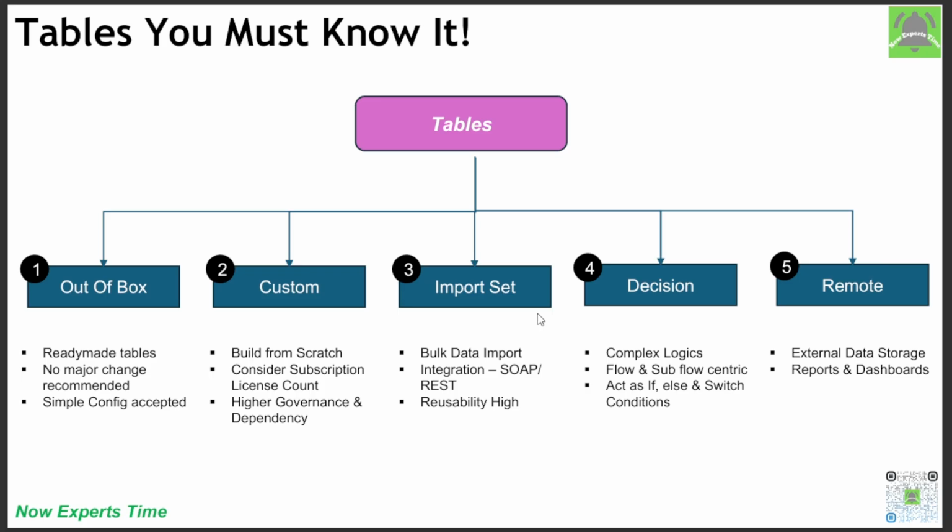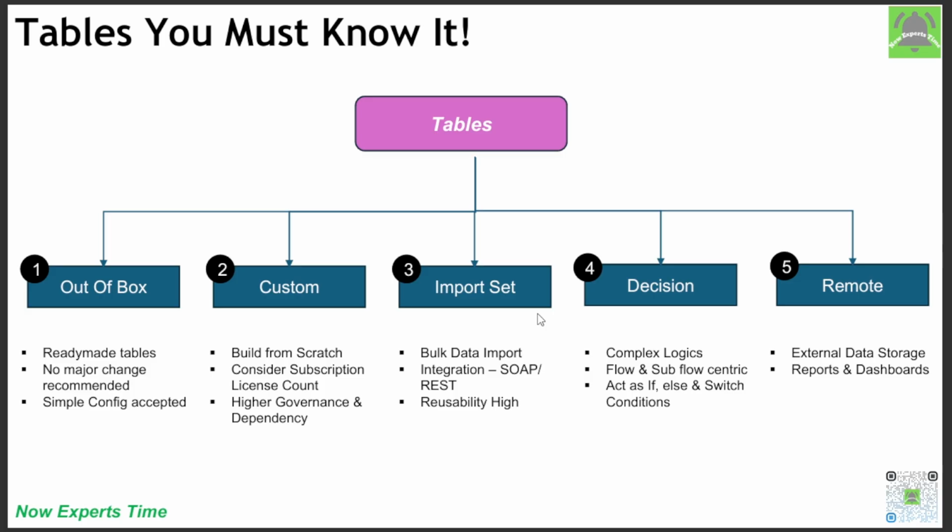It does some manipulation, and after the manipulations it validates: this is a verified record, a valid record. Then the import set table allows it to create that entry or update that entry in your incident table. So it's like a dam, like water and a dam. It's filtering.